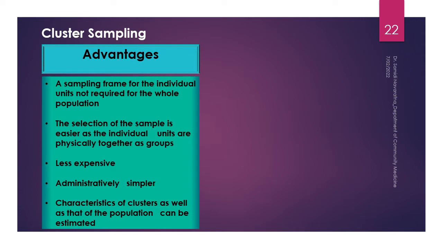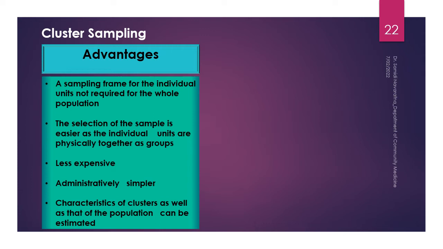The selection of the sample is easier as the individual units are physically together as groups. That is obvious. Because they are physically together in one place, it's easy to select the sample as well as to administer whatever data collection tools you have or to carry out the interviews. So it's easy. You don't have to run here and there.